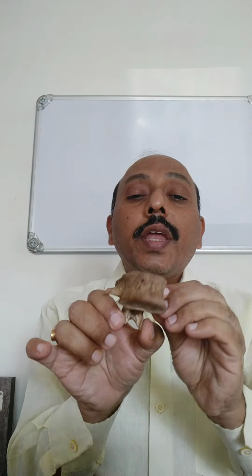Now the inferior articular facets are directed laterally and forwards, and they are slightly convex as compared with the superior articular facets. So this is all about the lumbar vertebra.